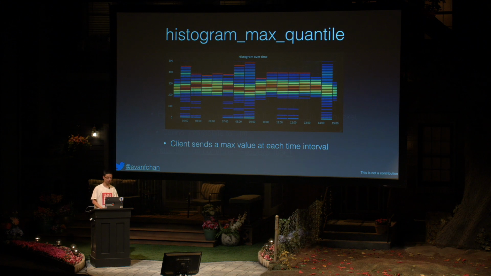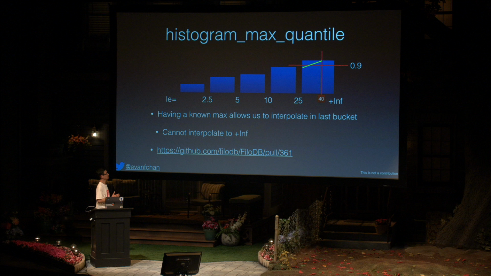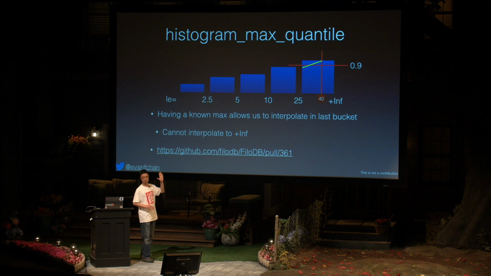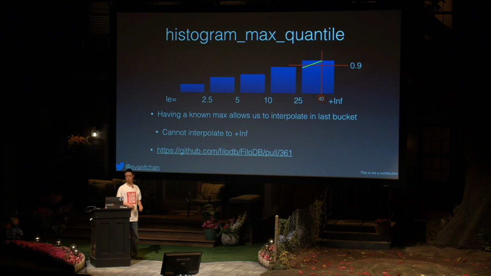And the way this solves the issue is that instead of interpolating to infinity, you can say, you know what, the max value that I have is 40, so I can take the 90th percentile or rank because I have a line that I can interpolate to. So this kind of system can give you a much more accurate top-end quantile that doesn't clip.